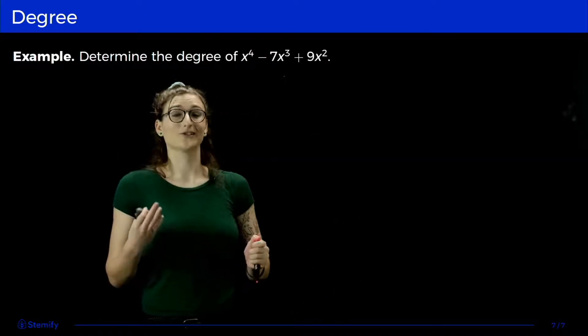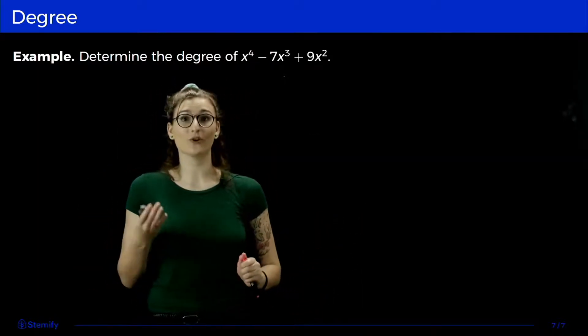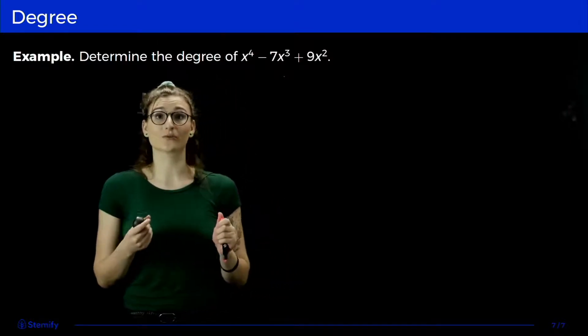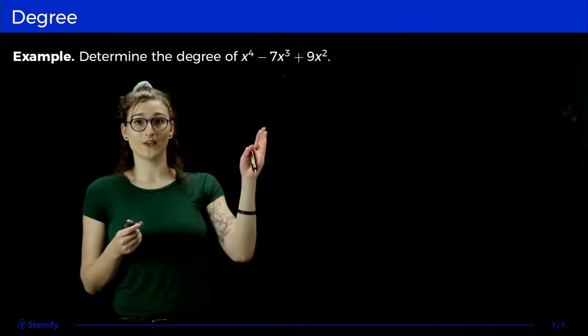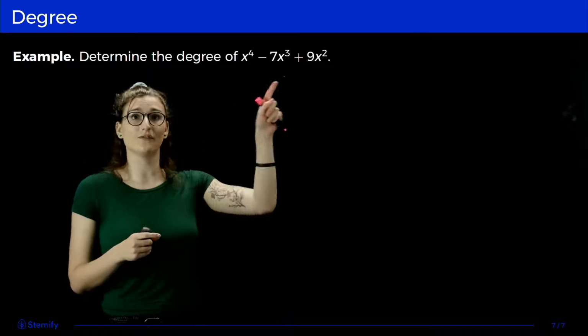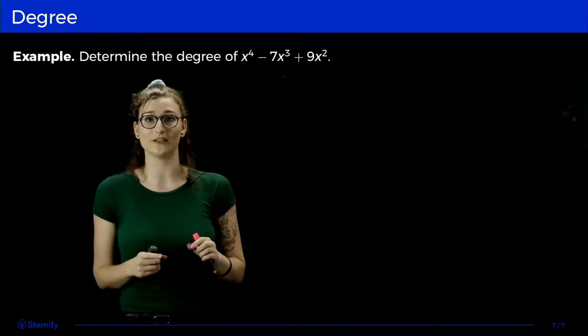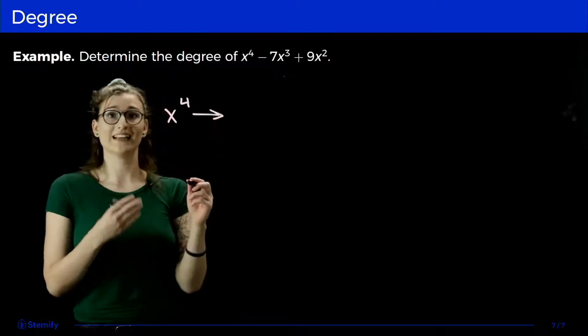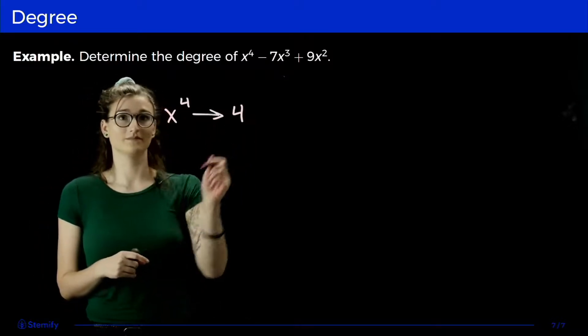Now we want to determine the degree of this expression or polynomial. All right, so that is going to be the degree of the monomial that has the highest sum of exponents. All right, so let's look at each of these three monomials individually. So x to the fourth has a degree of 4.